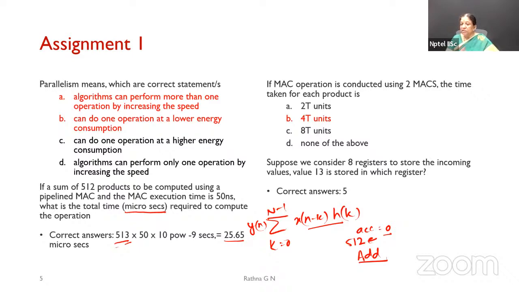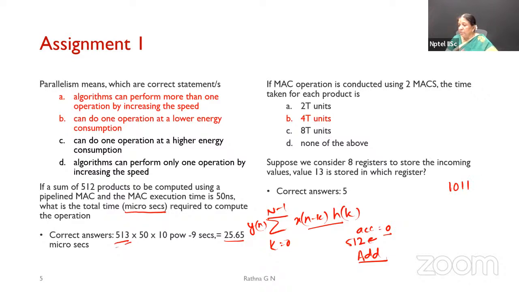And the next question was, suppose we consider 8 registers to store the incoming values. Now 13 is stored in which register? So we have to do bit reversal. If you write the 13 value in bit reversal, so it is 8 plus 4, 12 and 13.